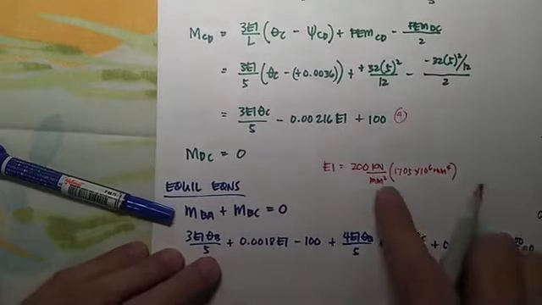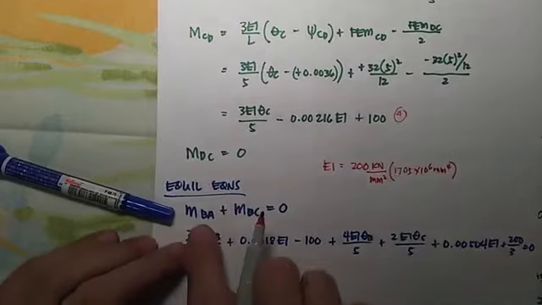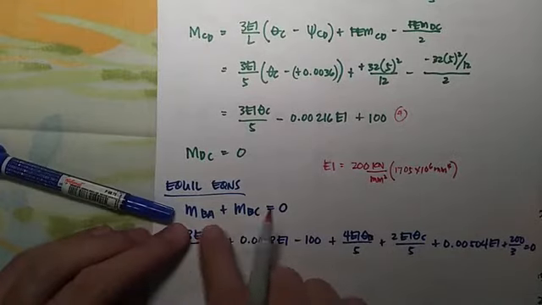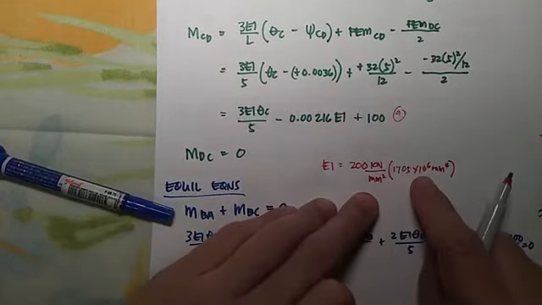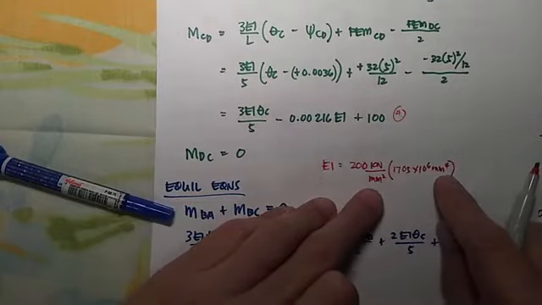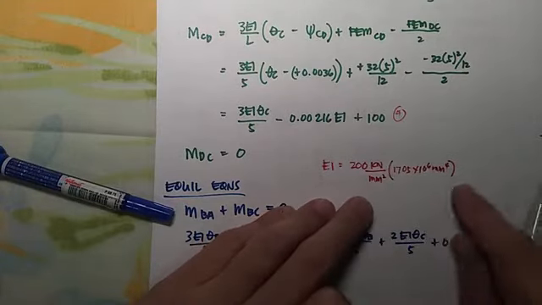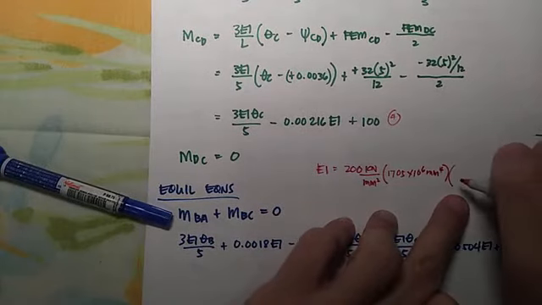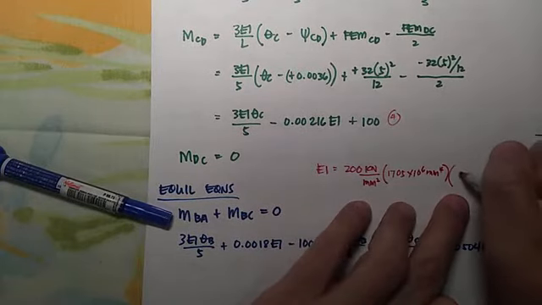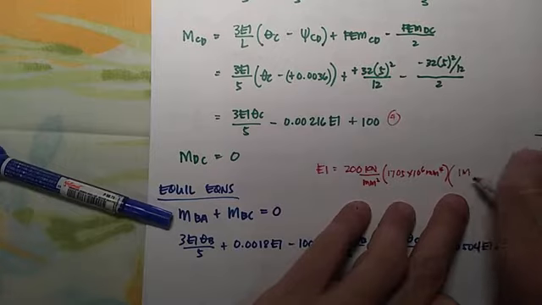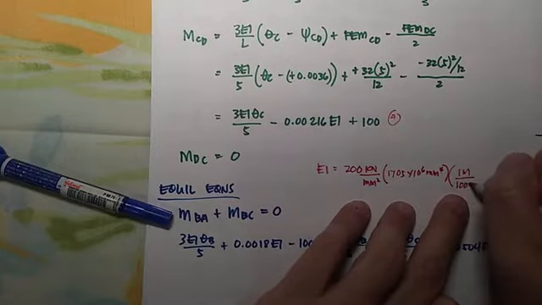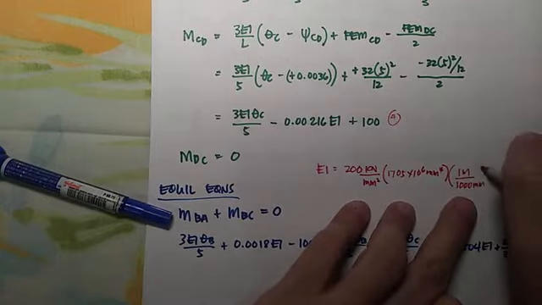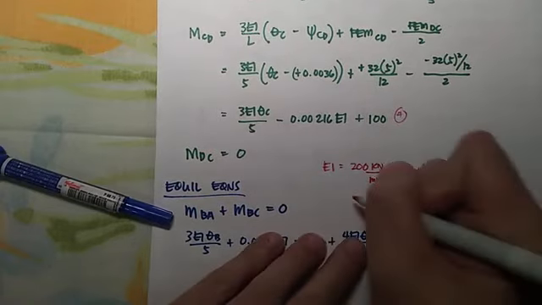Okay. Para siya maging consistent dun sa unit ng moment natin na kilonewton meter, gawin natin tong kilonewton meter. Kasi makakancel yung mm square sa mm to the 4th, kaya ang maging unit itong EI na to is kilonewton mm square lang. So, para siya maging meter square, so 1 meter, diba, is equivalent to 1,000 millimeter.